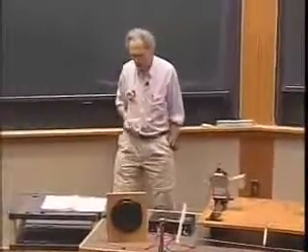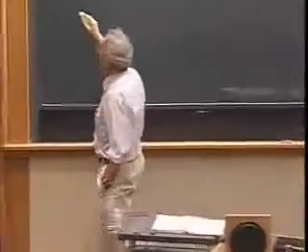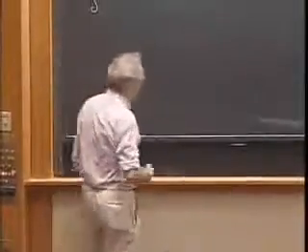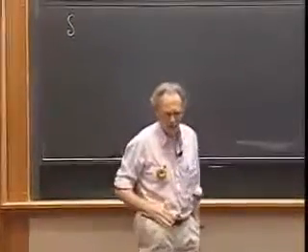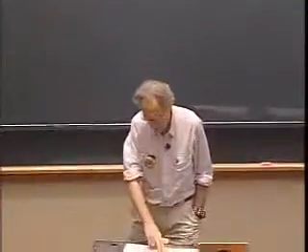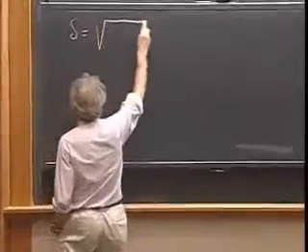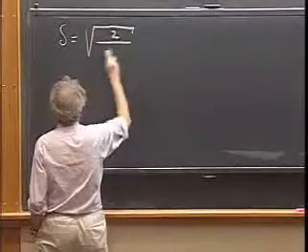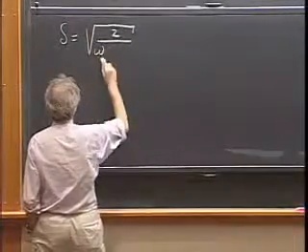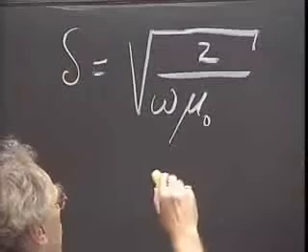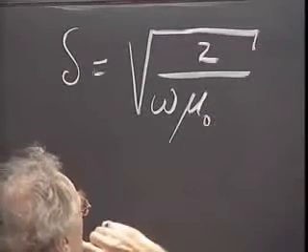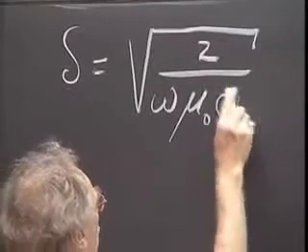And that skin depth delta is defined in such a way that the electric field falls off by a factor of e. And that skin depth, which I will not derive here, is the square root of 2 divided by omega times mu 0 times the conductivity sigma.